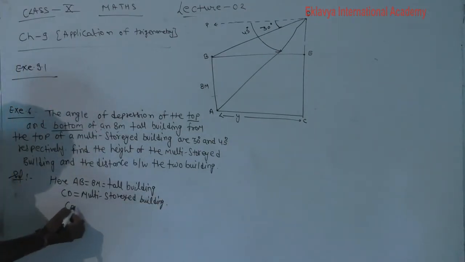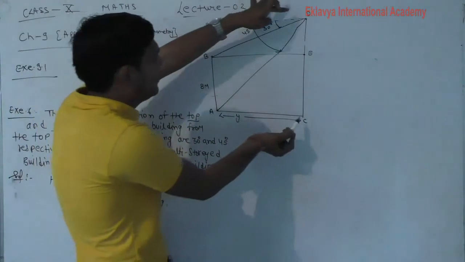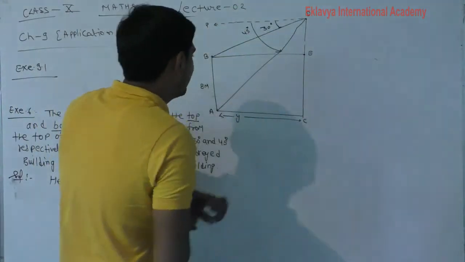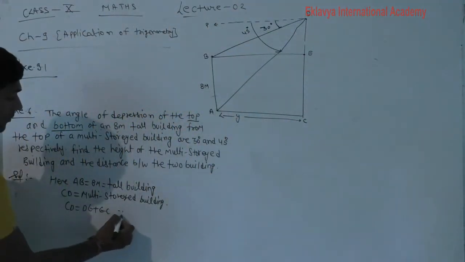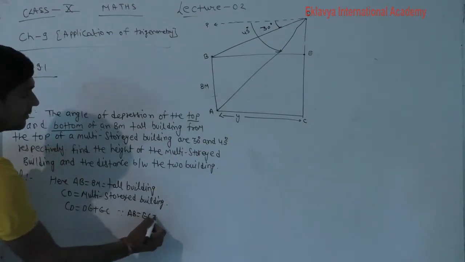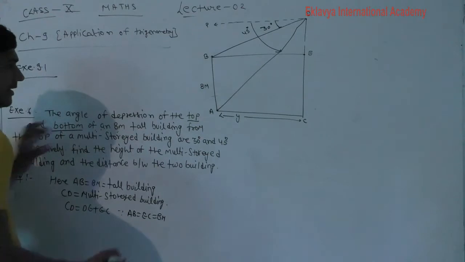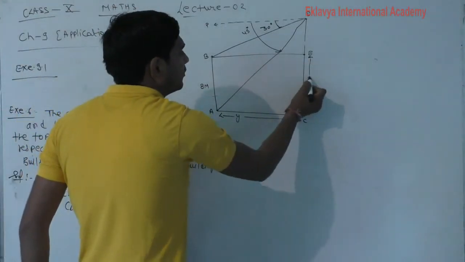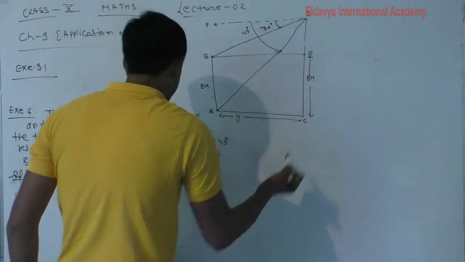Now we can write CD is DE plus EC. Now students, what can you write for CD? DE plus EC, but AB is equal to EC is equal to 8 meter. This is 8 meter, so that height is also 8 meter.